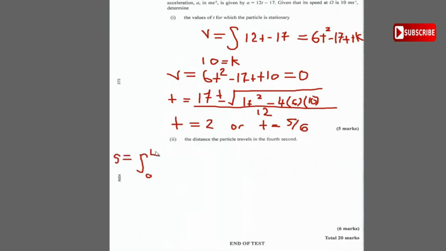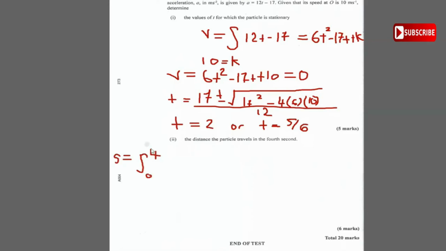So we're integrating the velocity from 0 to 4. That will give us the distance it travels in 4 seconds.